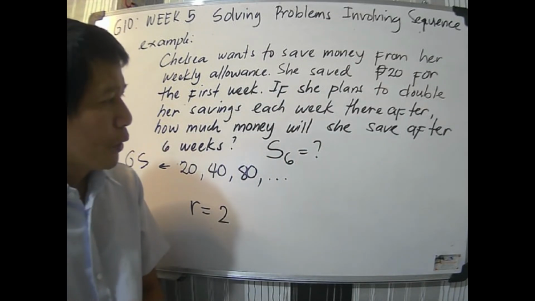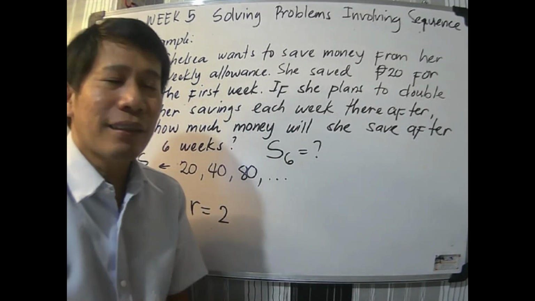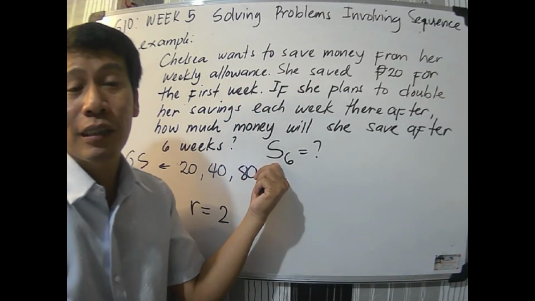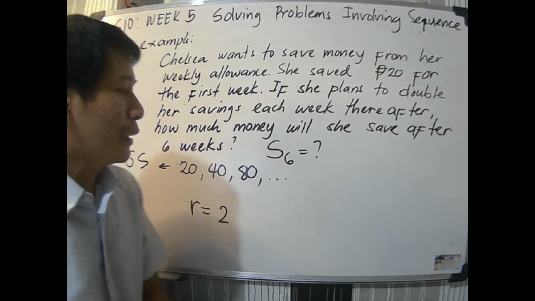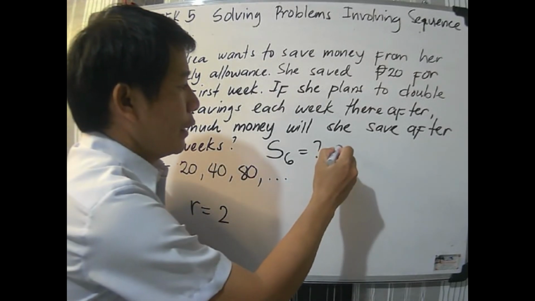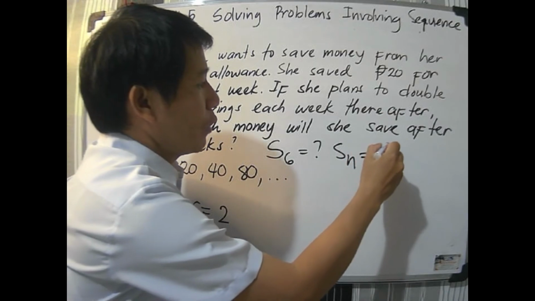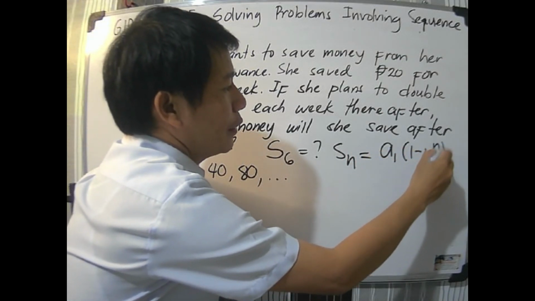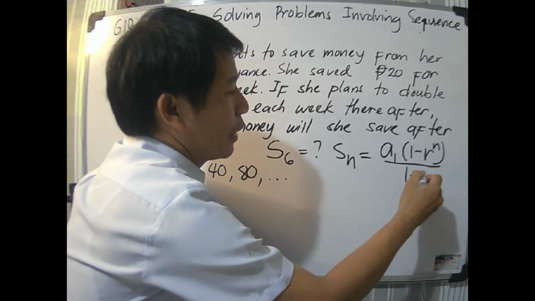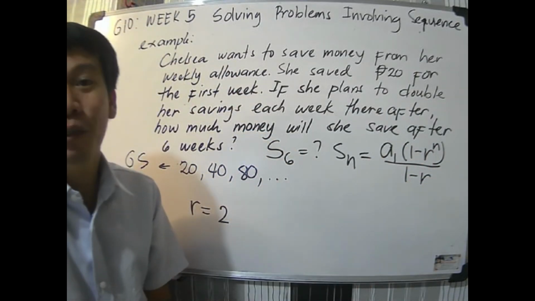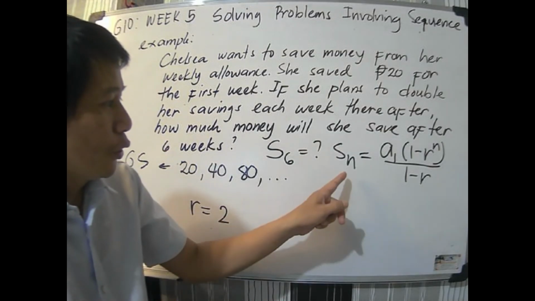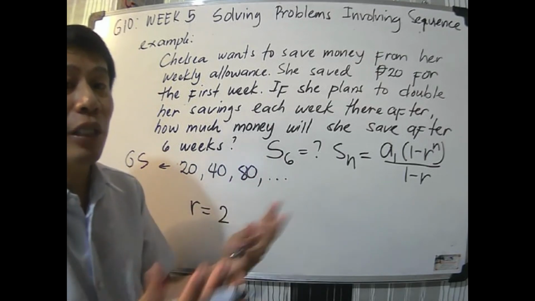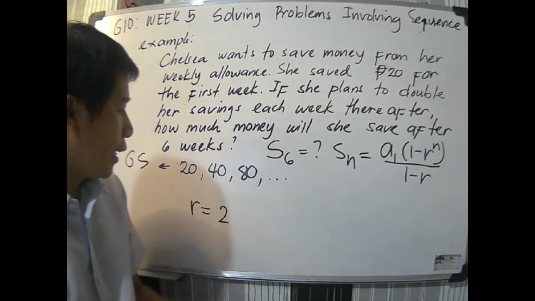Okay. So now, ano ba ang formula natin in finding the sum of the terms of a finite geometric series? So we will have S sub n is equal to a sub 1 times 1 minus r raised to n, all over 1 minus r. So, naalala nyo yung formula na yan. So, kailangan natin, yung n natin, since ang ating total number of weeks ay 6, therefore, ang n ay 6.